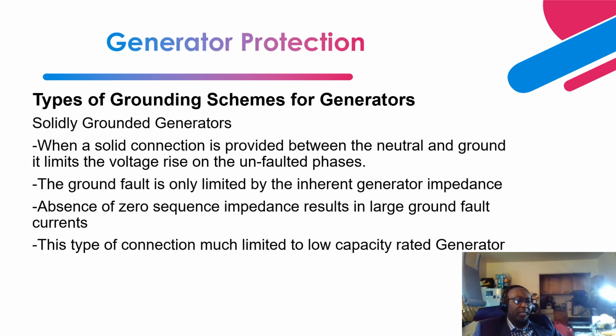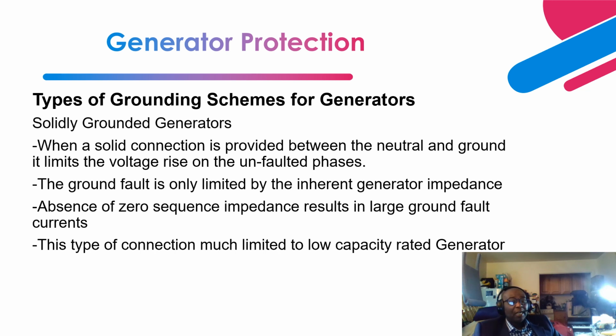So for a solidly grounded generator, as the name says, we don't have any resistance or reactance between the neutral and the ground, right? If a ground fault should occur, it is only the generator impedance that limits the ground fault.